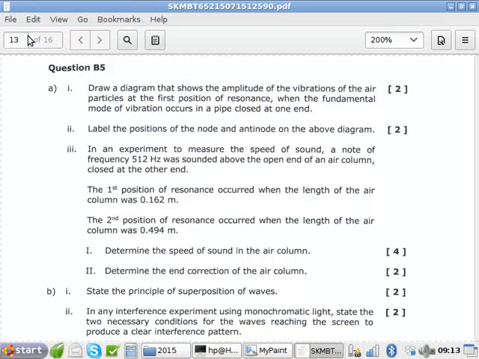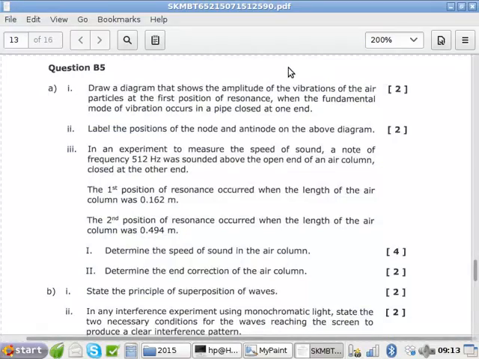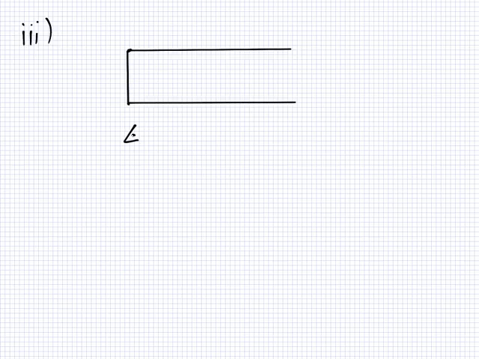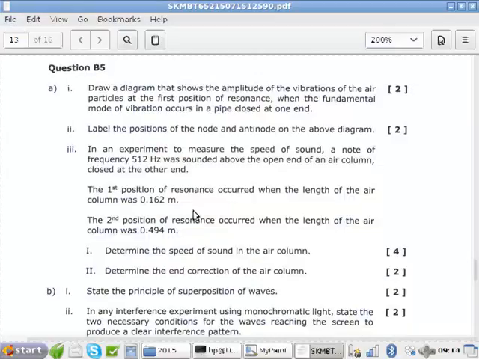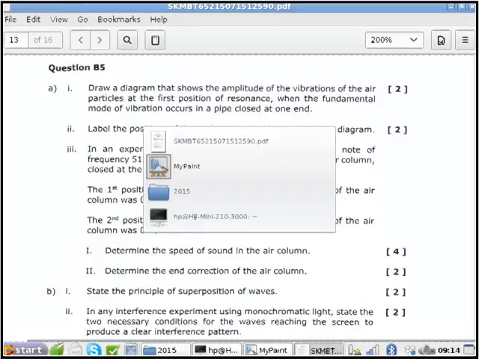Oh, no problem. Right, part 3. So in this picture, the pipe is 0.162 meters. And in the second picture, it's longer, 0.494.